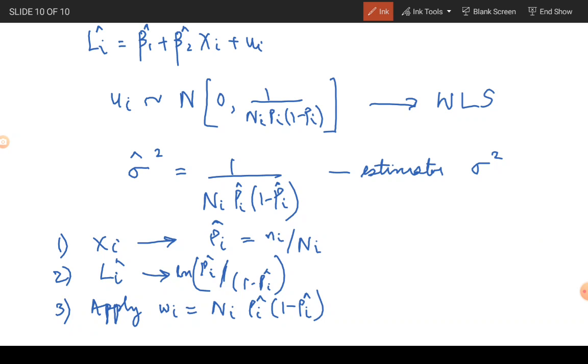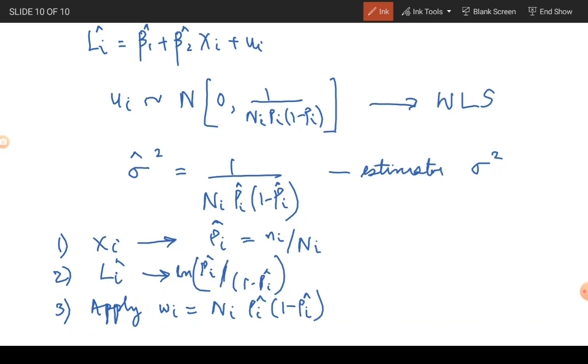So using these weights, you can transform your model into one which satisfies all the assumptions of the OLS. And then you can apply the OLS technique to find the WLS or weighted least squares estimators.